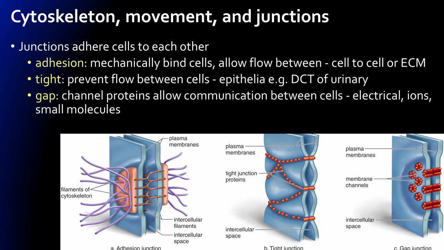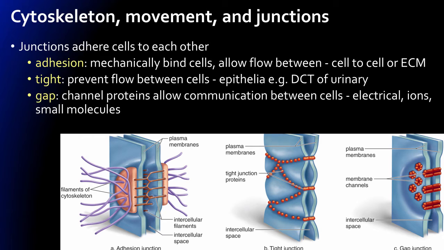Basically, they're going to have filaments of cytoskeleton reaching across, so we call those intercellular filaments. We've got filaments of cytoskeleton on the inside, and we are basically loosely binding some cells together, and they're going to allow some degree of movement, and flow can occur between adjacent cells because they are not so tightly bound together.